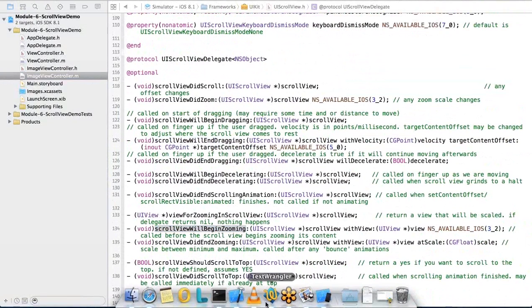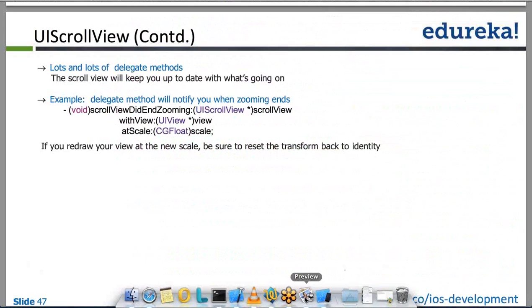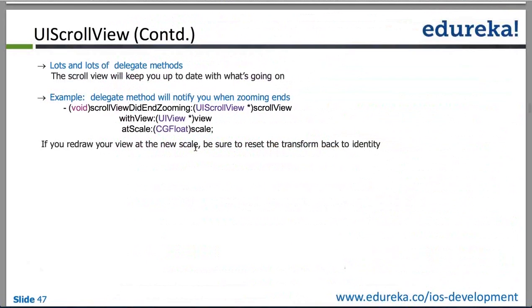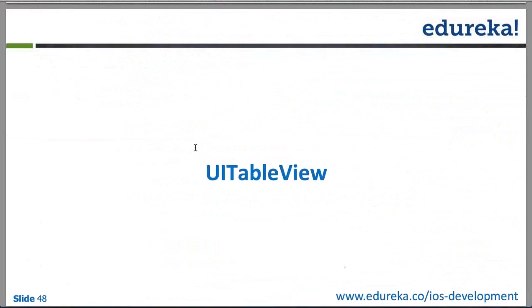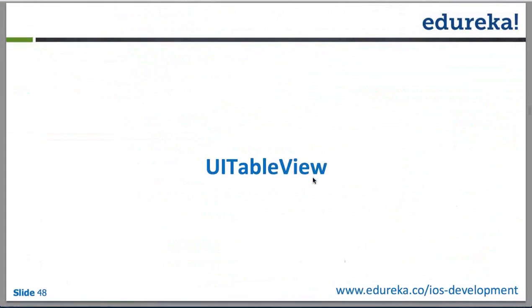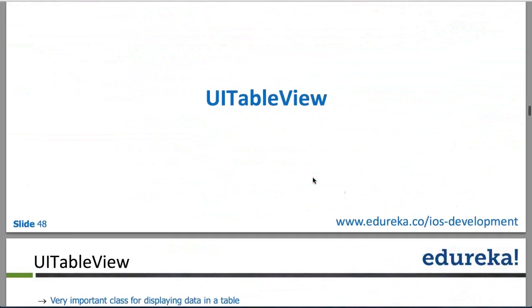So let us go to the next topic, that is nothing but table view. We have seen the scroll view, which can show a lot of content in it. You can set the content size and scroll it to any size you want.